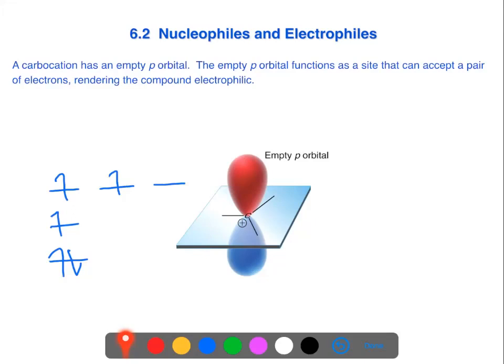So when you're hybridizing a carbon center that only has 3 valence electrons, the result is 3 sp2 hybridized orbitals. And those sp2 hybridized orbitals are the orbitals that form covalent bonds with neighboring elements. But what's left behind is an empty p orbital, and that's what's shown in this diagram. You can't hybridize orbitals that don't contain electrons.